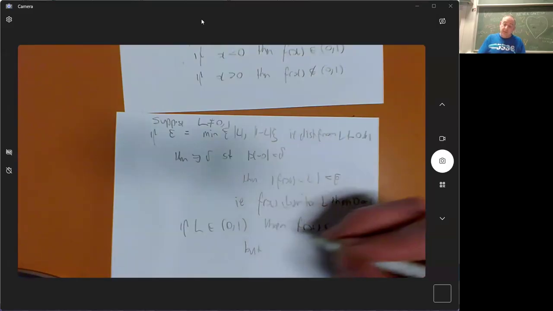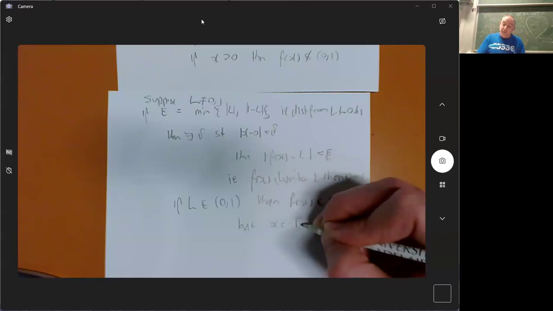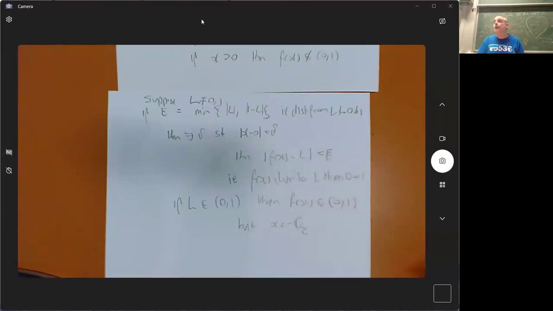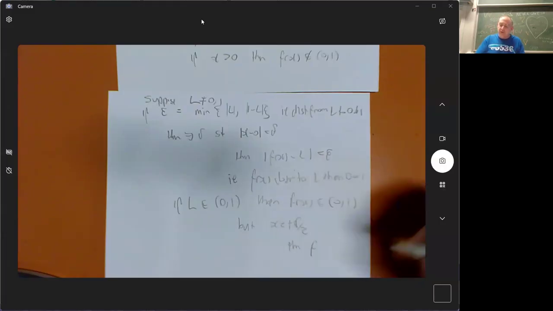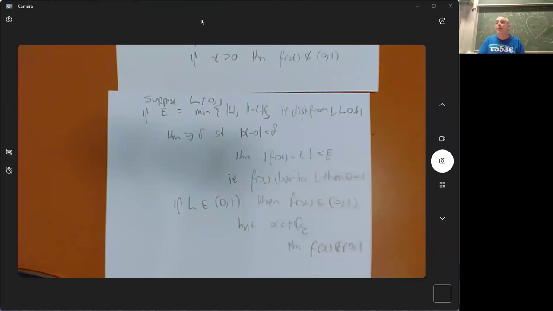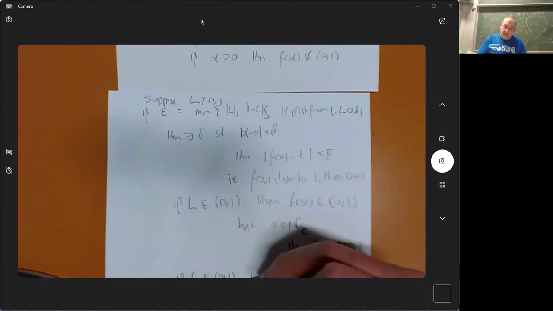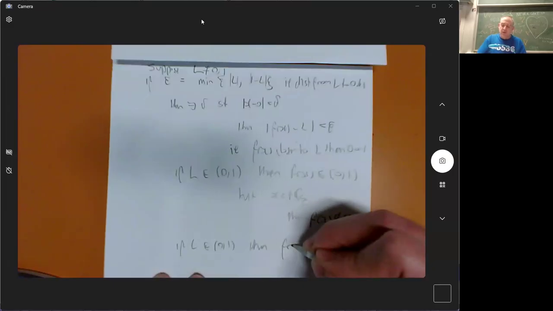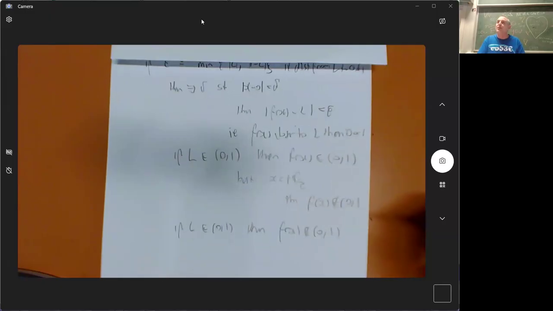But if x is equal to minus delta on 2, then plus delta on 2, then f of x is not in 0, 1, even though it's within delta of 0. And if L is not in 0, 1, then f of x is also not in 0, 1, because it's closer to L than it is to 0 or 1.